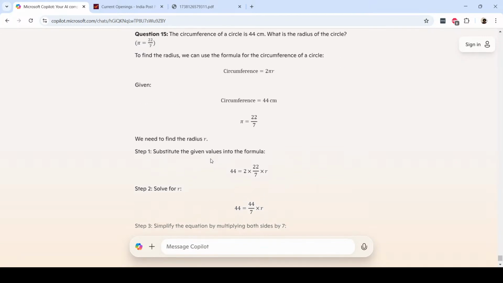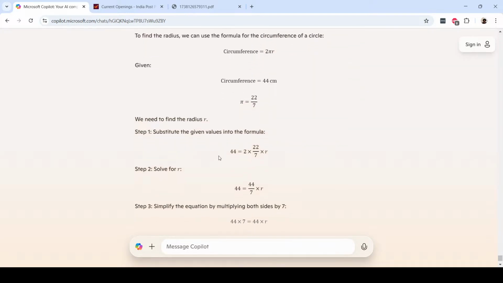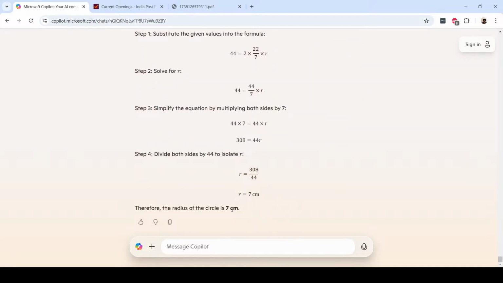Yeah, so it has given this solution with complete answers, like it is 7 centimeter. So this way you can get all the answers with all the solutions also. So yeah, that's it for today.